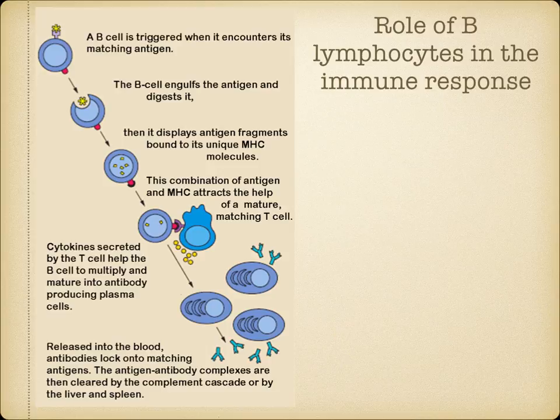Now, some plasma cells develop into memory cells that survive for long periods, and future invasions by the same pathogen lead to rapid division of memory cells, some of which develop into plasma cells that produce antibodies. So this is called the secondary response.